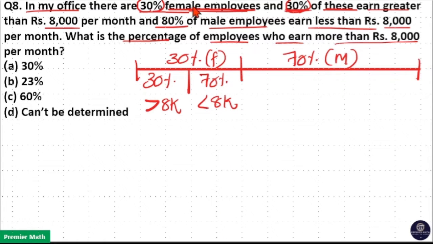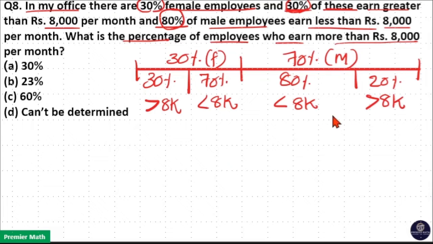Same way, 80% of male employees earn less than rupees 8,000. Here 70% are the male employees. Out of the 70%, 80% earn less than 8,000 rupees per month. That means remaining is 20% which earn greater than 8,000 rupees per month.